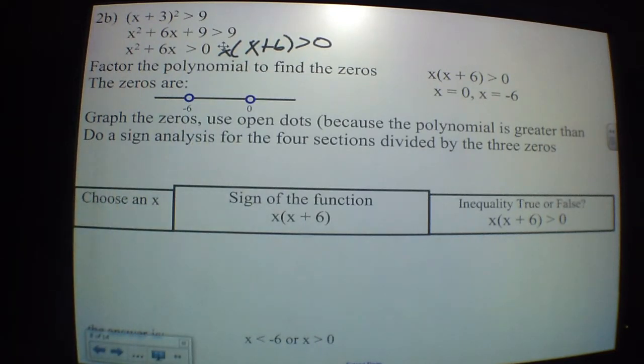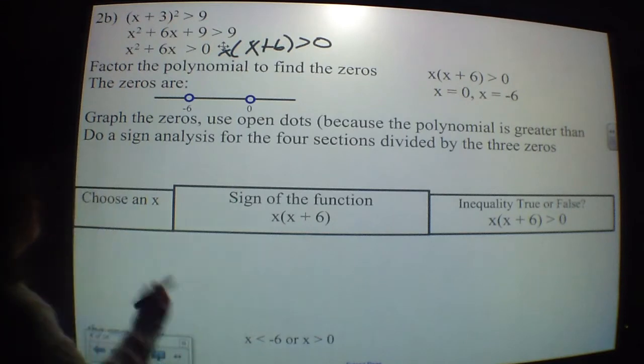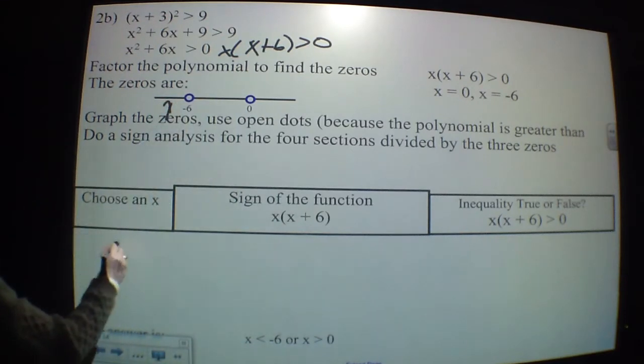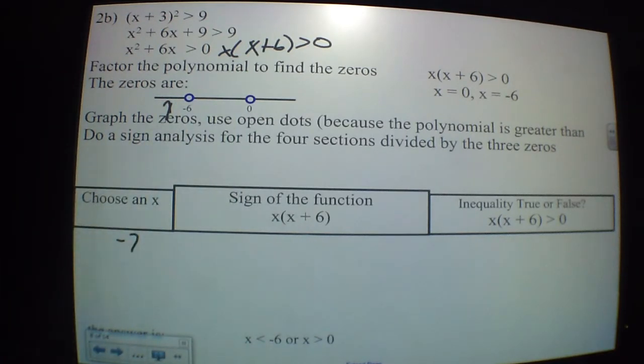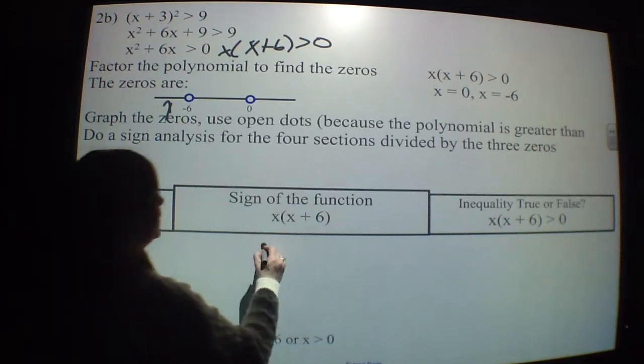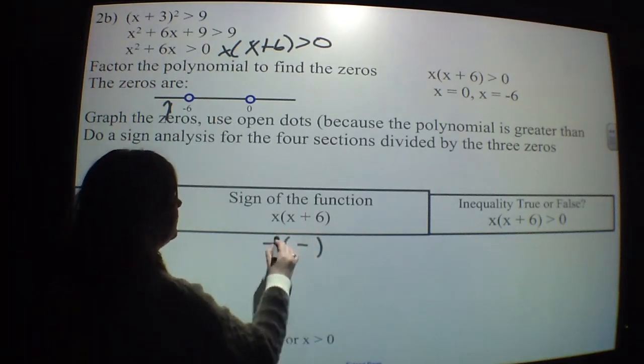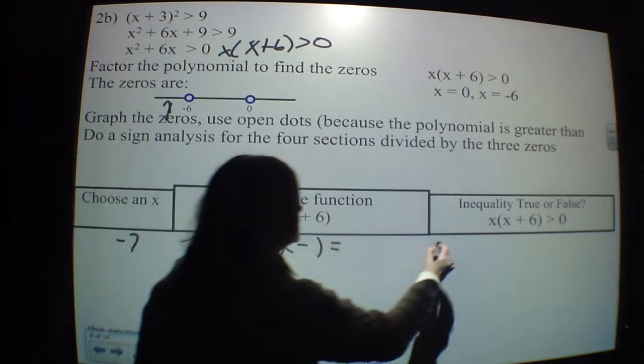So that's what I have. So now let's do a sign analysis. Negative 7. When I plug in negative 7, you have a negative times a negative, which is a positive.